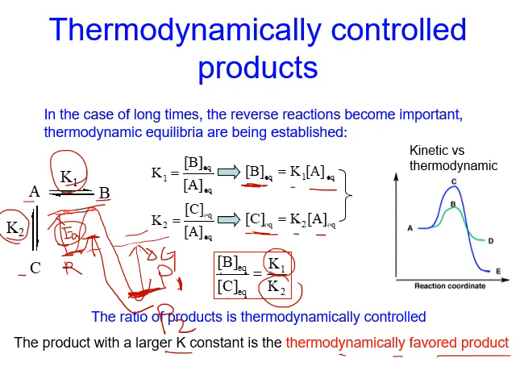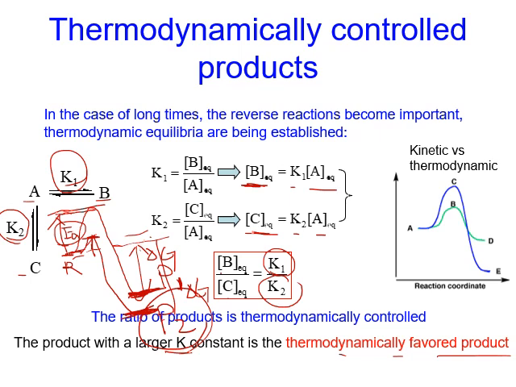For the second reaction, because the product has a lower energy, delta G is larger, and therefore P2 is also the thermodynamically controlled product. So comparing these two reactions, P1 and P2, P2 is both the thermodynamic controlled product and the kinetic controlled product because it has a smaller activation energy and also a lower energy in the product.